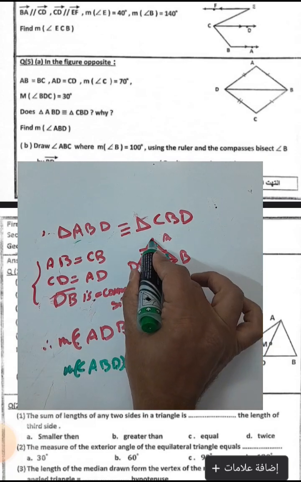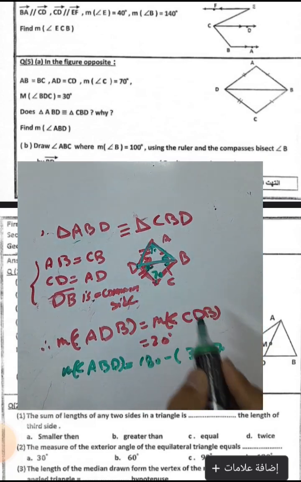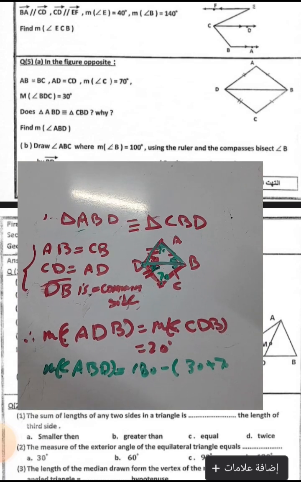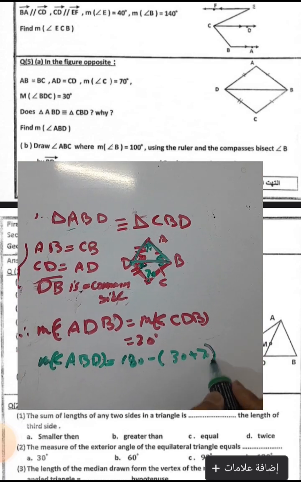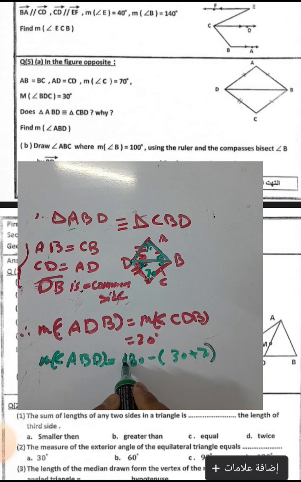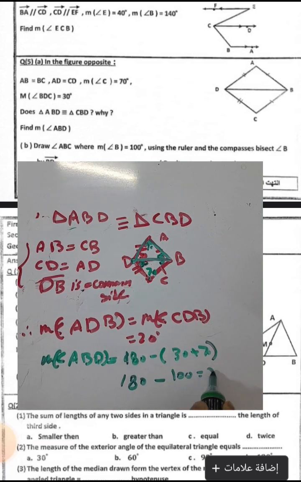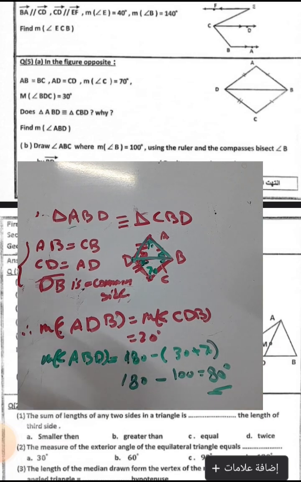The sum of interior angles in a triangle equals 180. You can find the measure of angle ABD by finding the difference between 180 and the sum of 30 and 70. The result will be 80 degrees.